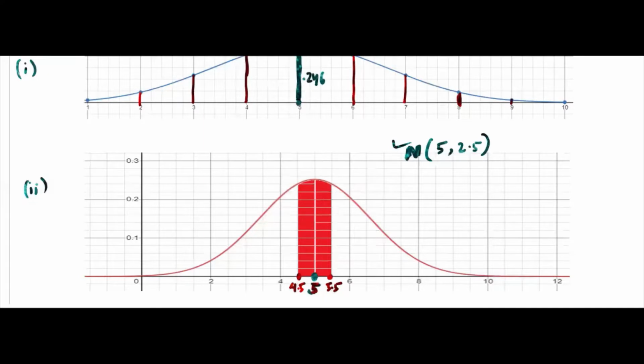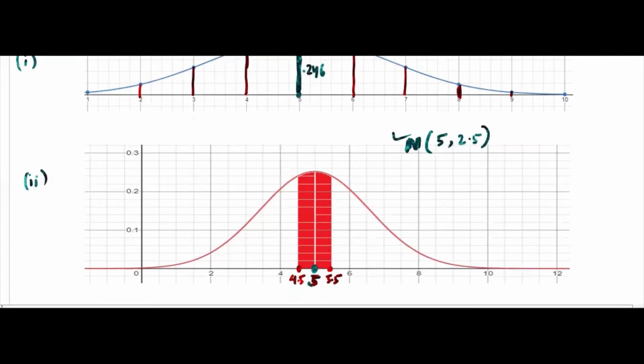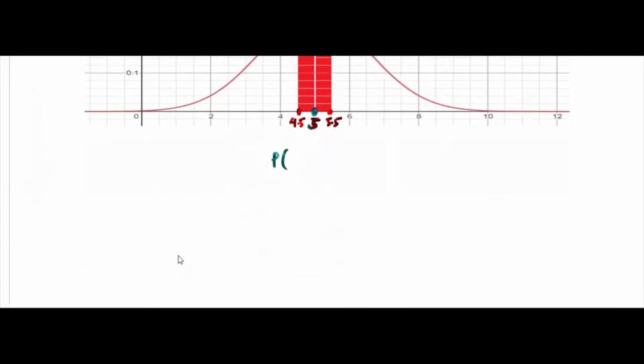How do you count? You count a discrete process this way: 1, 2, 3, 4, 5, 6, 7. In a continuous process, whenever you talk about 4, you think that 4 is actually 3.5 to 4.5.